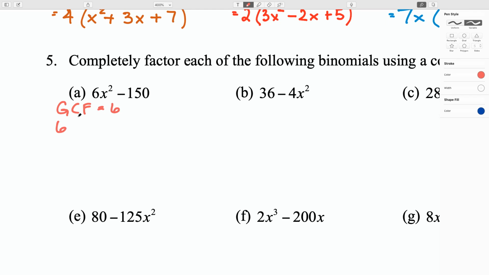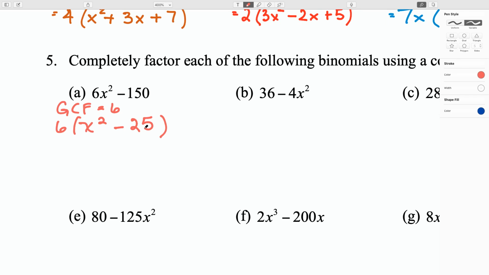So 6 goes on the outside, and we have to put the remaining factors in the parentheses. So 6 times x squared minus, 150. That's a big one. Let's do 150 divided by 6. 25.